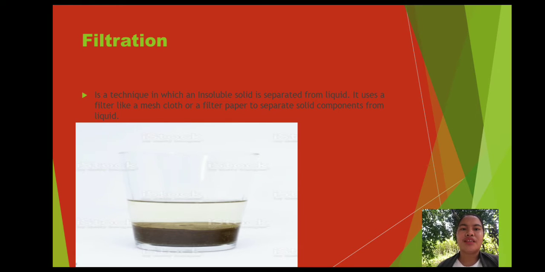It uses a filter like a mesh cloth or a filter paper to separate solid components from liquid. So one of the example here is the water and the sand. So you will use a cloth as a strainer or maybe a filter paper just to get the water and leave the sand behind.